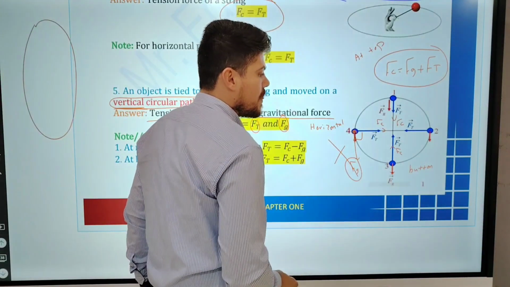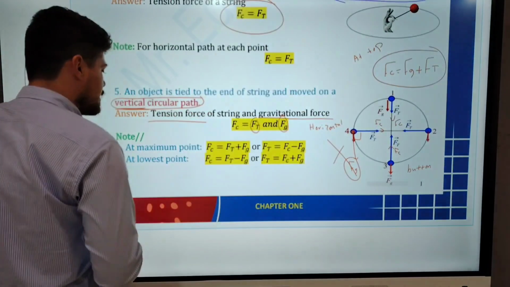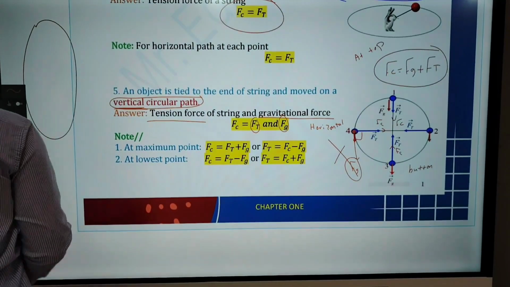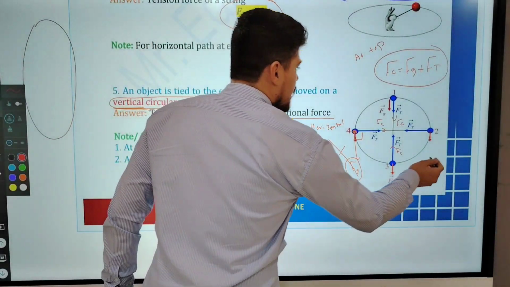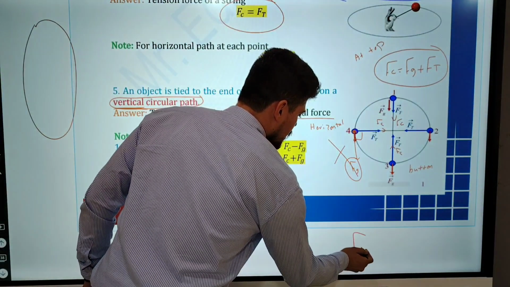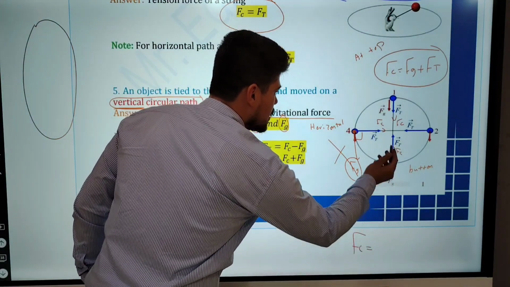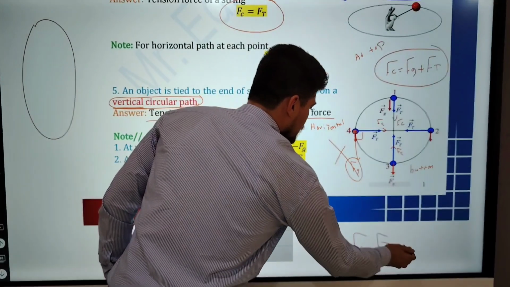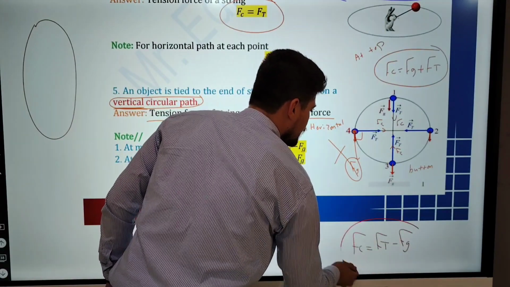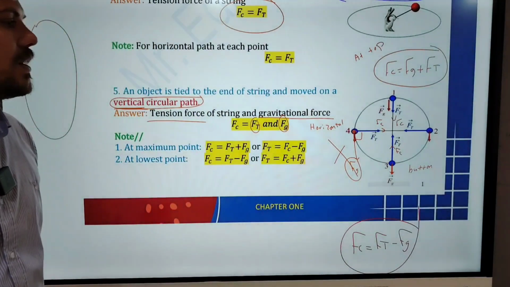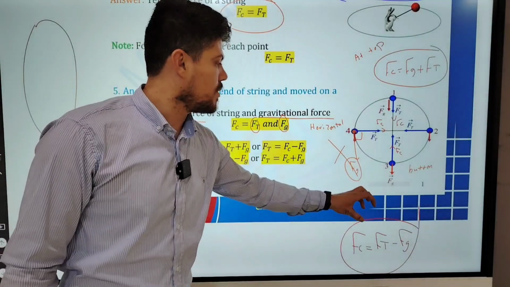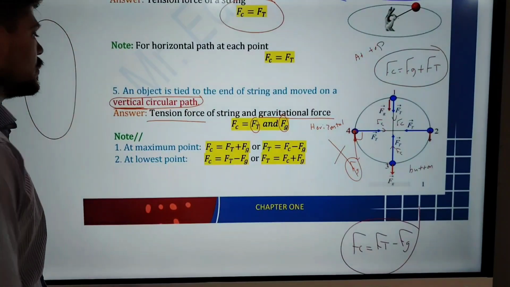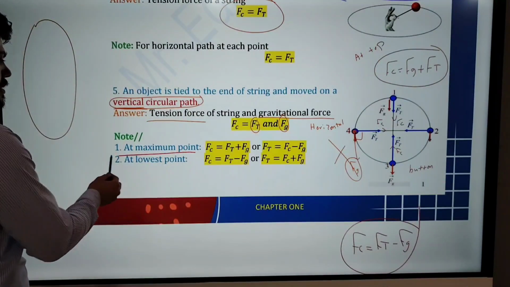At the bottom of the circular path, or at the lowest point, Fc is equal to what? Fc is equal to Ft in the direction of the circular path minus Fg. So at the bottom or lowest point and the top point, the two forces provide the centripetal force.